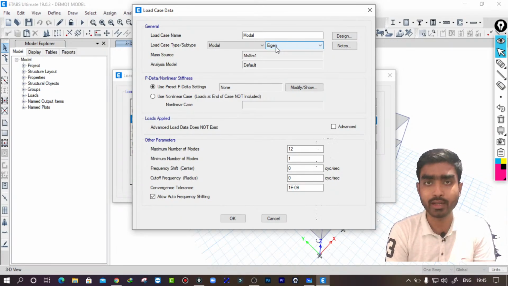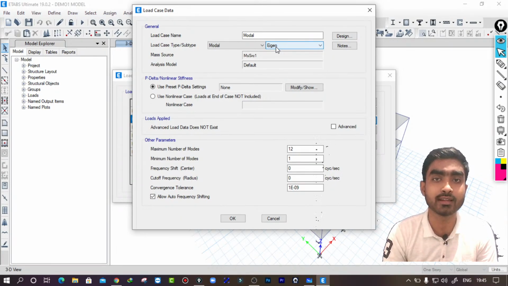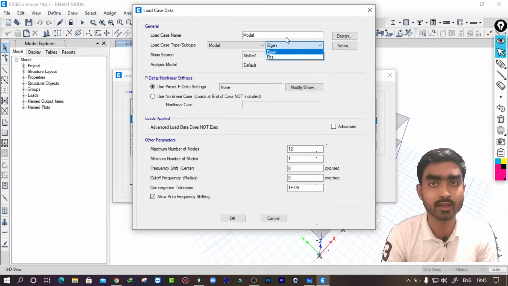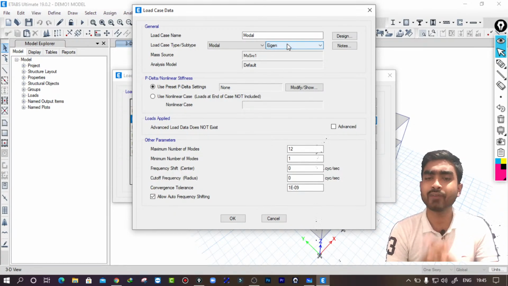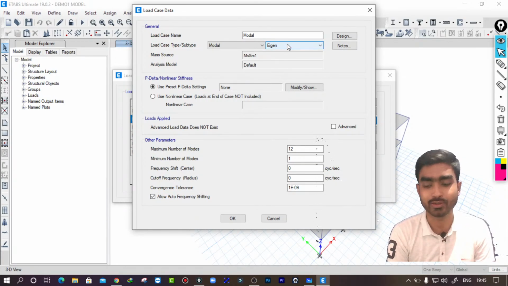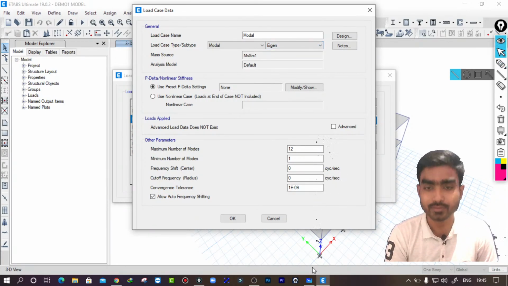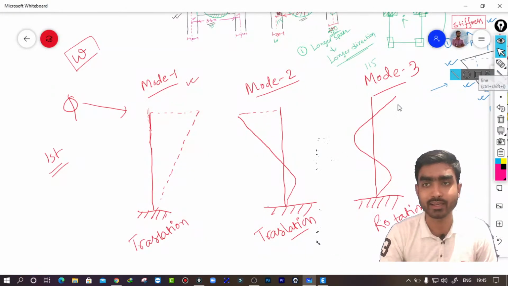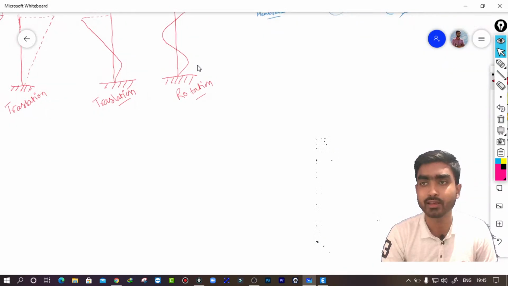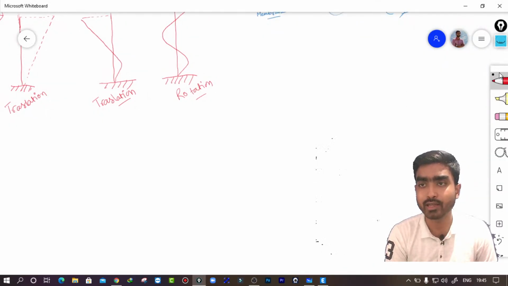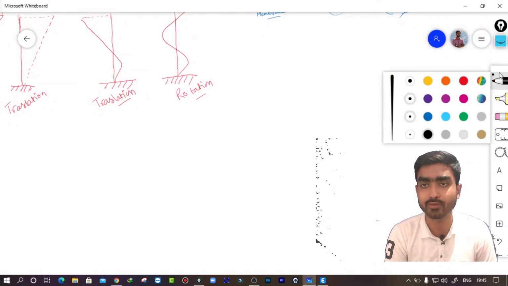Now let me tell you when you should consider the eigenvector and when you should consider the Ritz vector. Whenever you have a simple structure, like the one I have created here as a demo model, you can use the eigenvector.